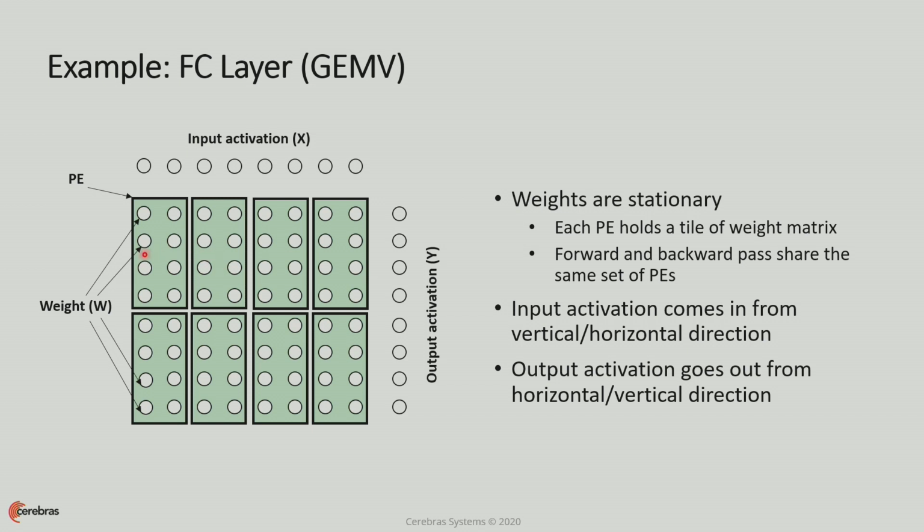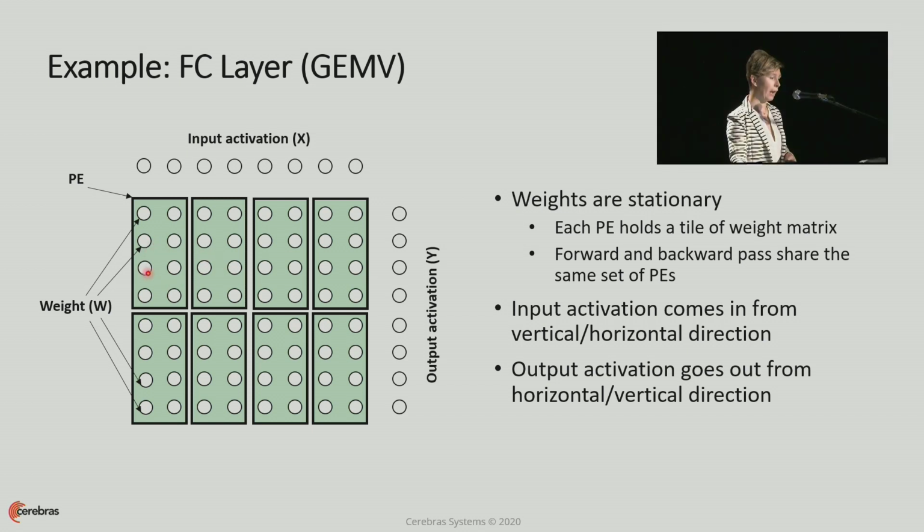Each of them holds a portion of the weight matrix. And then we start streaming input, activations from the previous layer, or just input data, either from the vertical direction, or it could also be transposed and streamed from the horizontal dimension. And output comes out on another side.